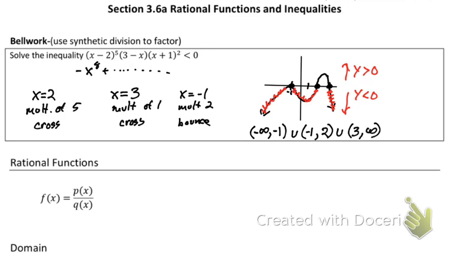So I did mess up on that one. But this would have been the closest one. So this we should have been negative 1 and 2. And that would be our correct answer.